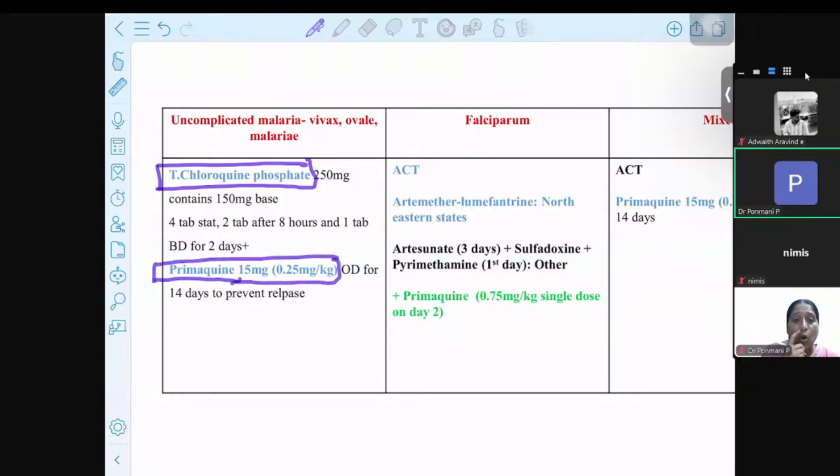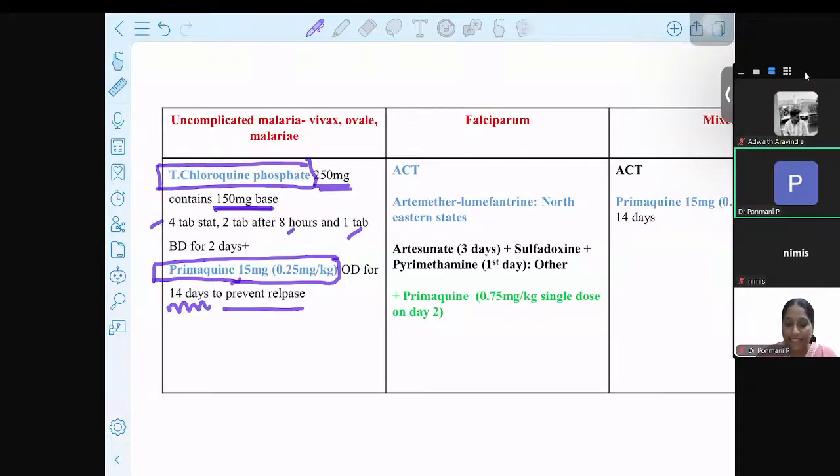And chloroquine, how many tablets? 4 tablets stat, 2 tablets after 8 hours, and 1 tablet BD for 2 days. And each tablet, this is also important, contains 250 mg of the salt. Each 250 mg contains 150 mg of the active ingredient, and the rest is salt. So please remember, for uncomplicated malaria, it is chloroquine phosphate plus primaquine OD for 14 days to prevent relapse.